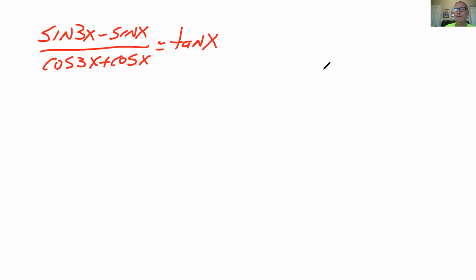Well, since we just did the sum and product formulas, we're going to use those. We're going to use it for the difference in sines in the numerator, and the addition of cosines in the denominator.